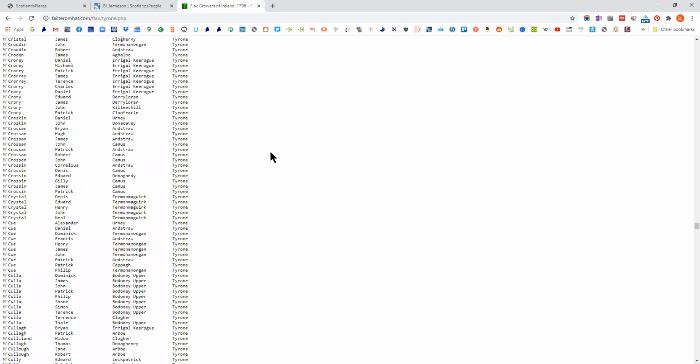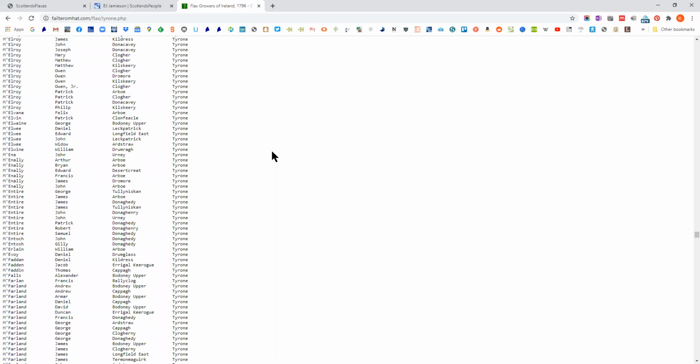And some of those were probably done that way in the original record. That's often how it's done in handwritten records, is M apostrophe. So that's some of what you can find for Ireland.